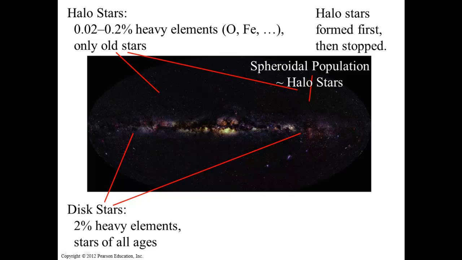If you hear anything about spheroidal, I can't pronounce it, think of that word, spheroidal, like a football sort of thing. And spheroidal actually still means halo. So when we talk about spheroidal population, we're talking about the stars in the population in the halo region.